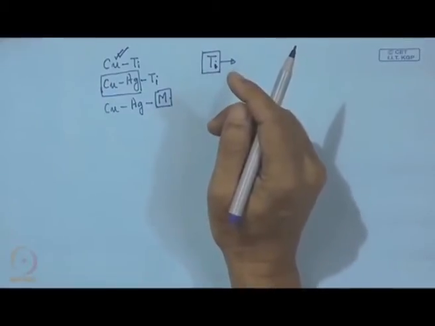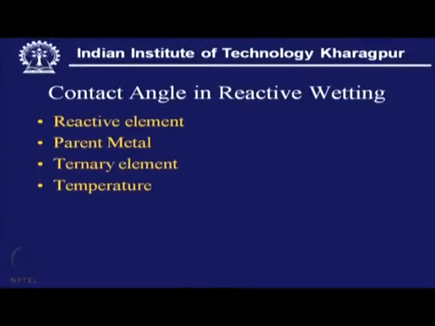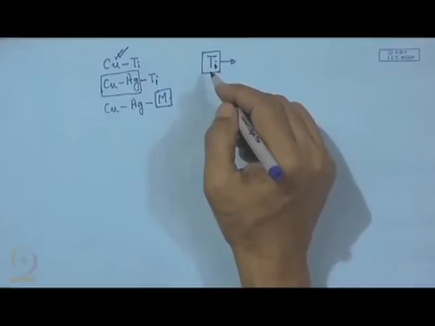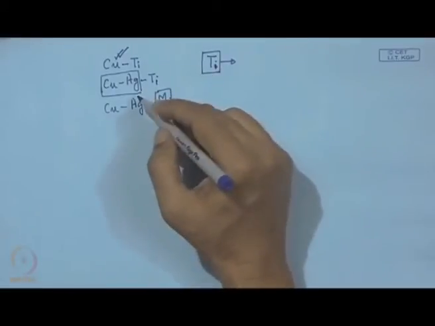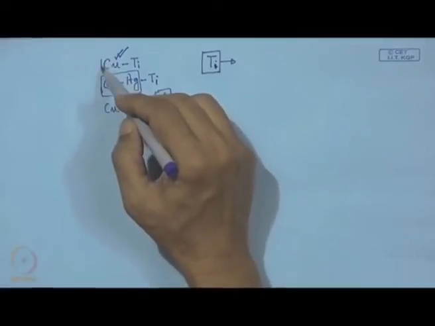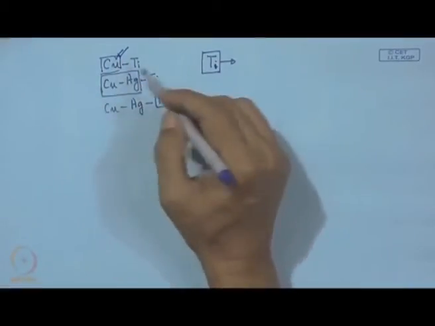So, this point has to be looked into with utmost care, and only under that condition can we find out the best quantity or concentration of titanium which will promote wetting of a particular base metal.